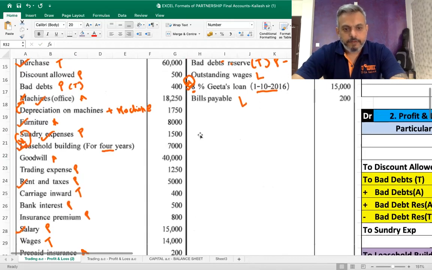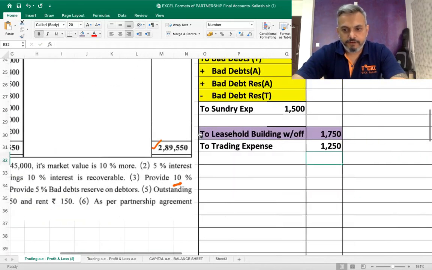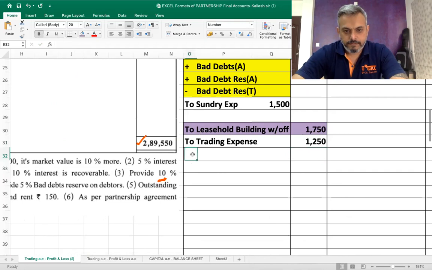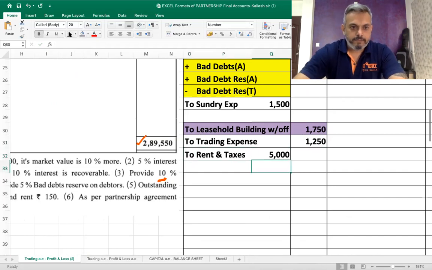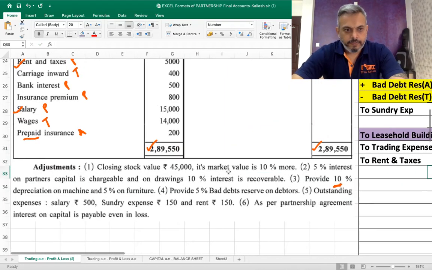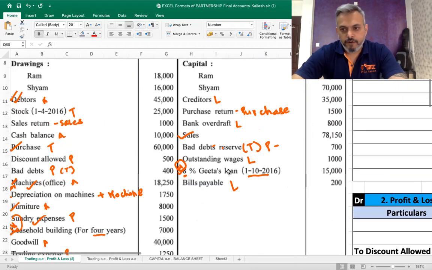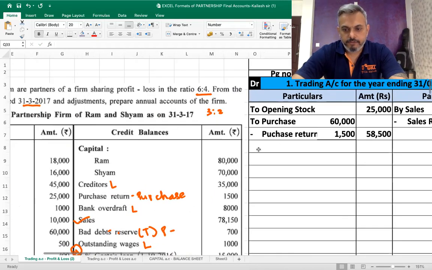Then rent and taxes 5,000. Inner column. Carriage inward 400. Trading account.